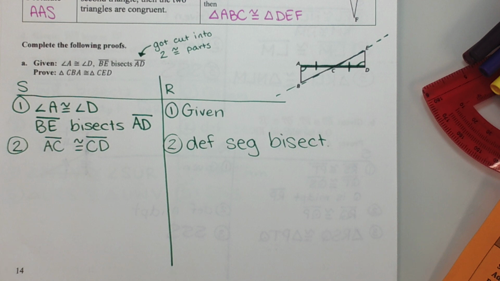Should be on the top of your orange sheet. Jackson's trying to help you. Transitive property or substitution. Have we done transitive property or substitution so far, chapter 5? No. We don't tend to do it.